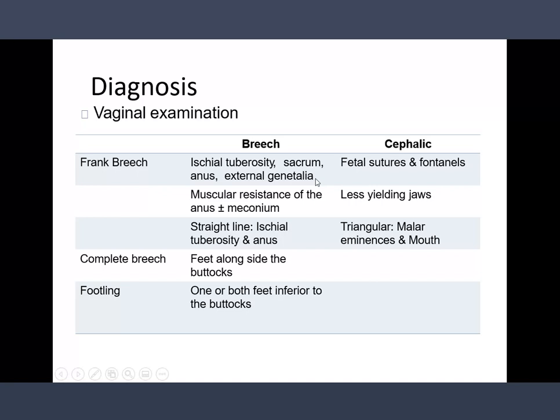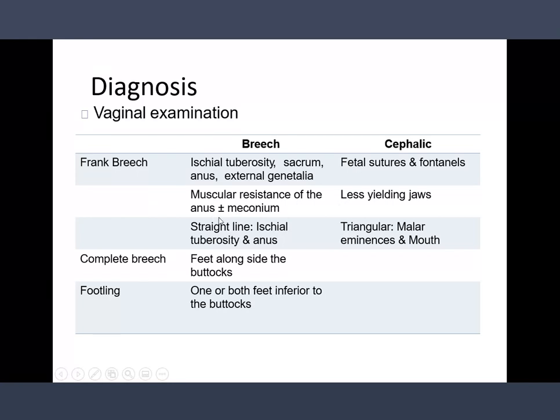Sometimes we may confuse face presentation with breech because the face is also very soft on PV examination. So these are the differentiating features between face and breech. The jaws will be less yielding in face presentation, whereas in breech we can feel the muscular resistance of the anus.